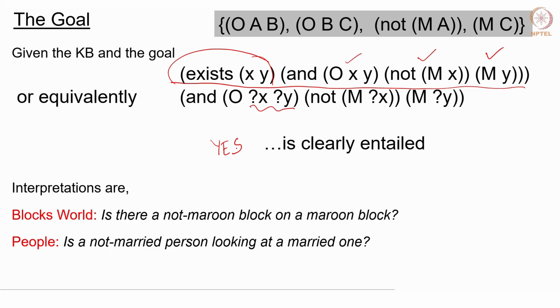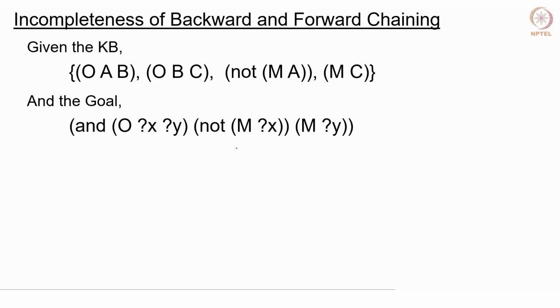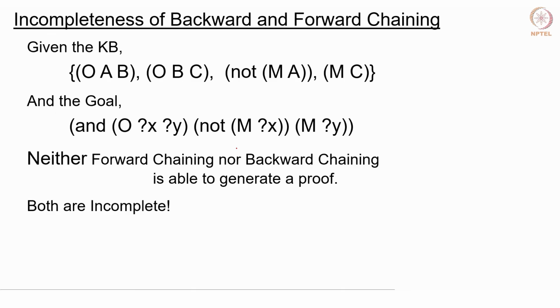But given this knowledge base and given this query that we have, which is an existential query, neither forward chaining nor backward chaining is able to generate a proof. You should try this also.